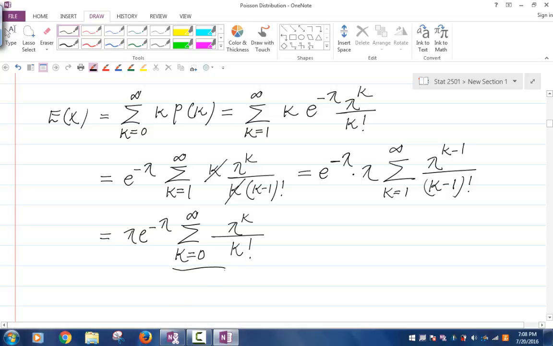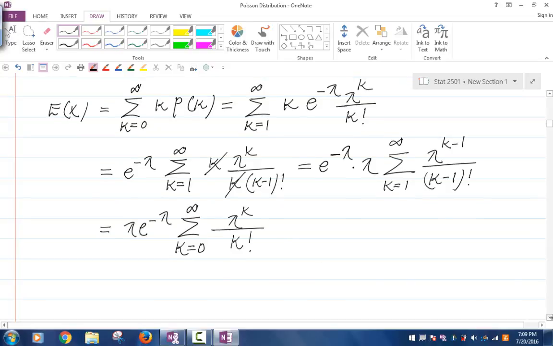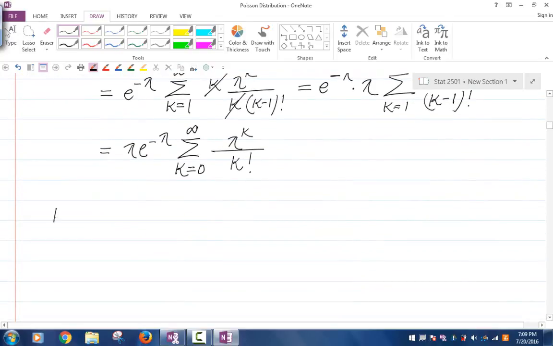Now think about what this sum is. Okay, not yet, sorry. What I'm going to do is say that the expectation of x is lambda times the summation k going from 0 to infinity e to the minus lambda lambda to the k over k factorial.